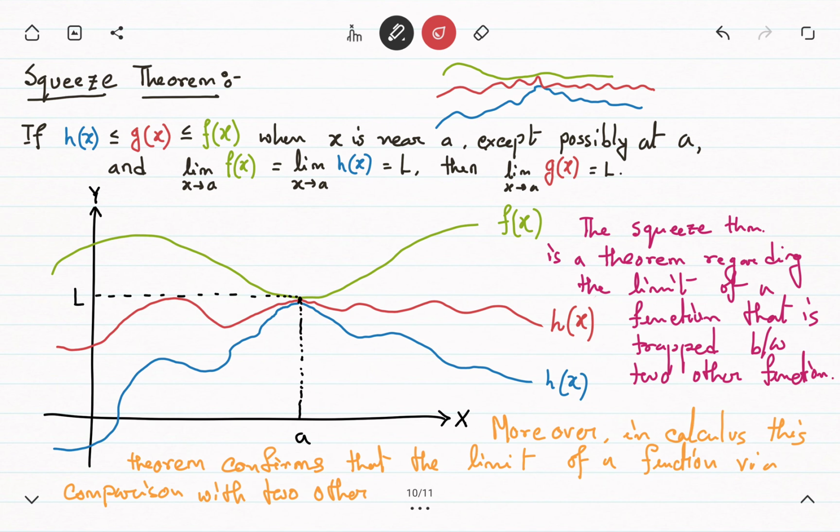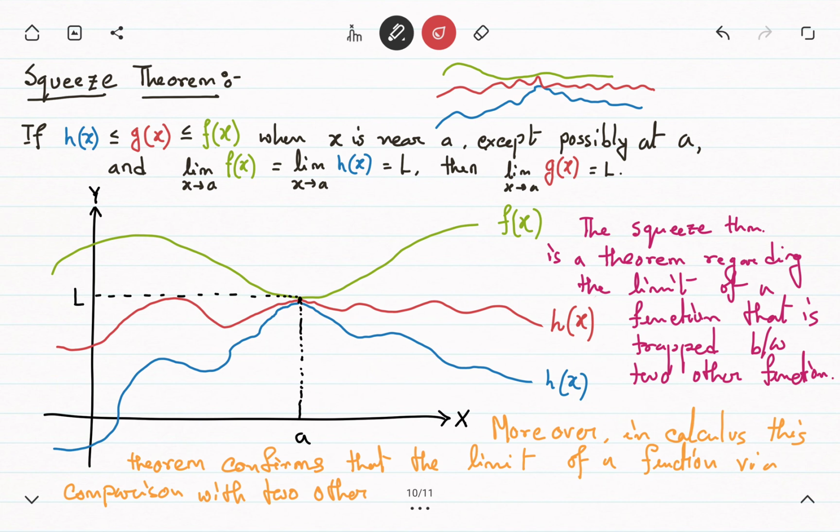If you have heard about something called a sequence, intuitively you can say that this green line approaches a limit, a converging point, and this blue line is also approaching a converging point.